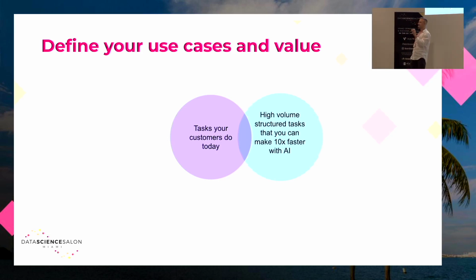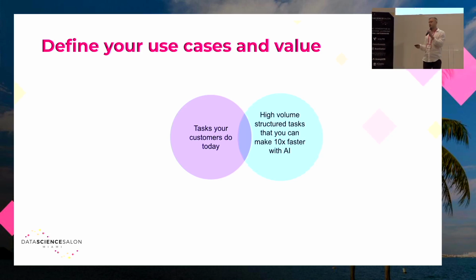Yeah. In chat, what do you mean? Yes, but I want to be very careful here, right? The high volume structured task. I think structured is an important point here. If you do something that requires a lot of context that you might not even have, that might be somewhat challenging.